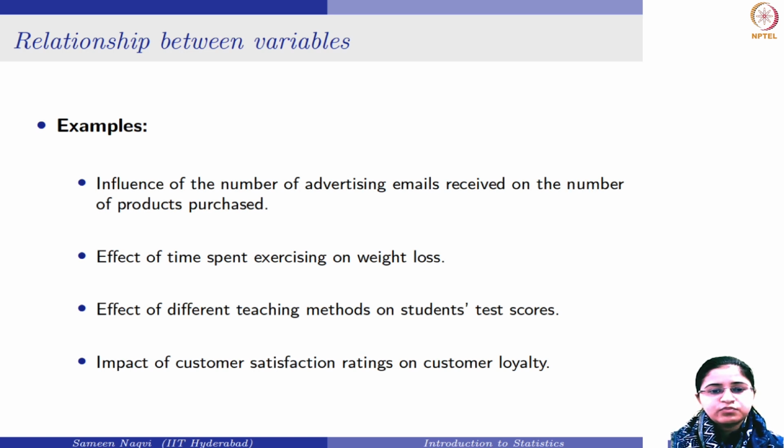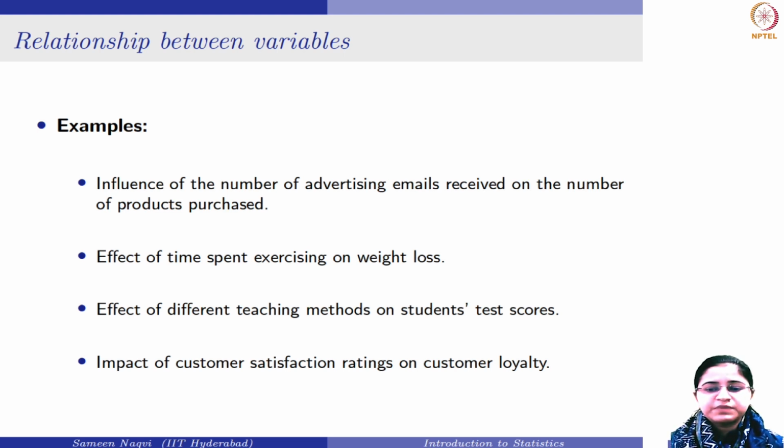So it is important for you to understand these concepts thoroughly, because it will help you in making different analyses later on, and it will also help you in drawing valid conclusions, like how the variables are interacting with each other and how they influence each other.